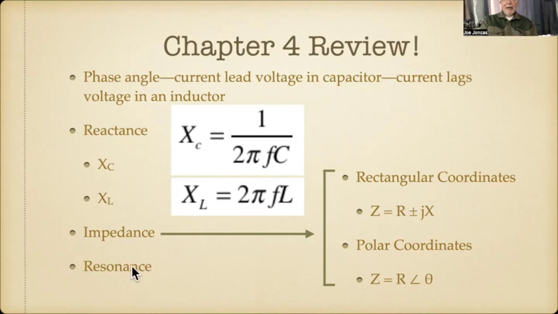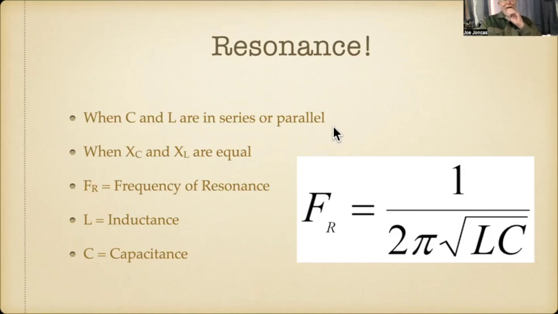And then we have resonance, which is here. You take a capacitor and an inductor and you hook it up either in series or in parallel, and there's a frequency that they will resonate at. X sub C and X sub L, when they are equal, it is in resonance.